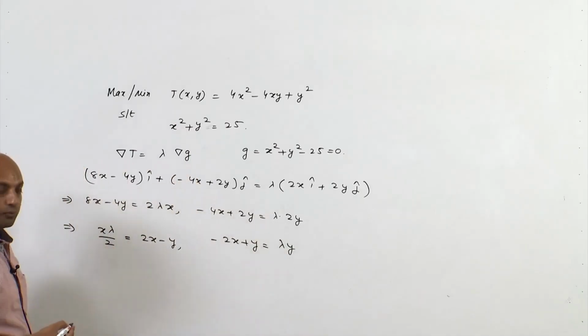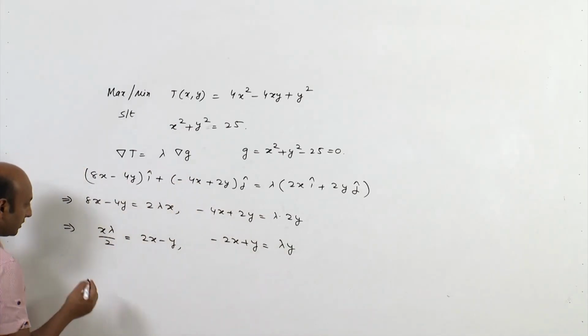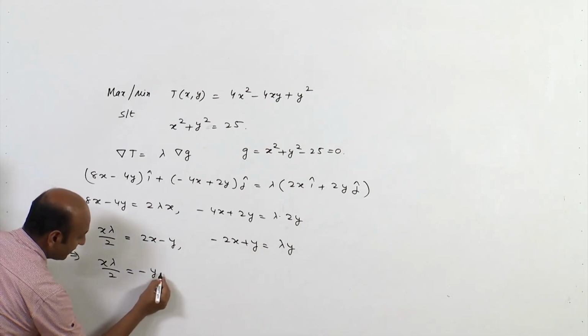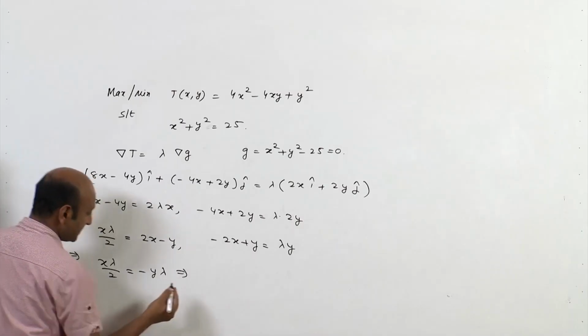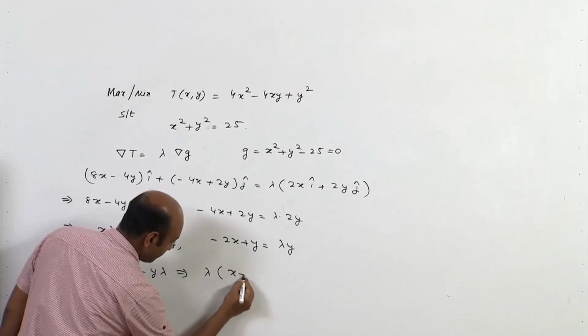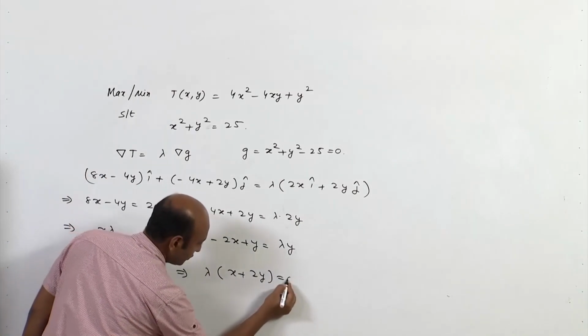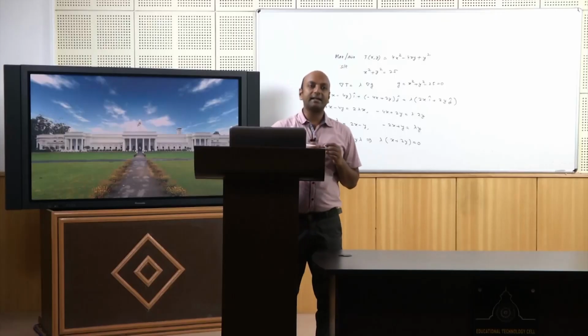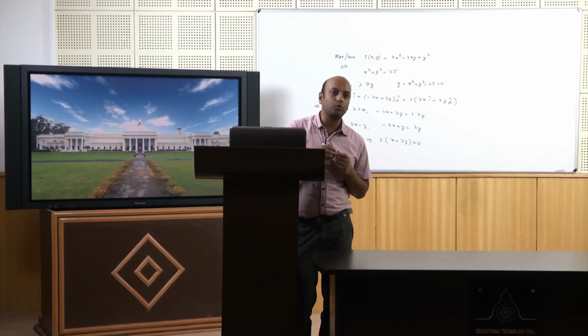From these two equations, this implies λx/2 = −λy, and this implies λ(x + 2y) = 0.